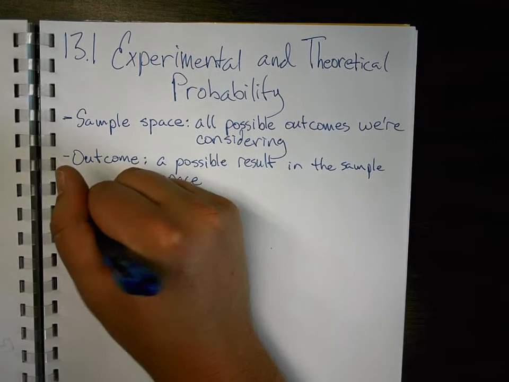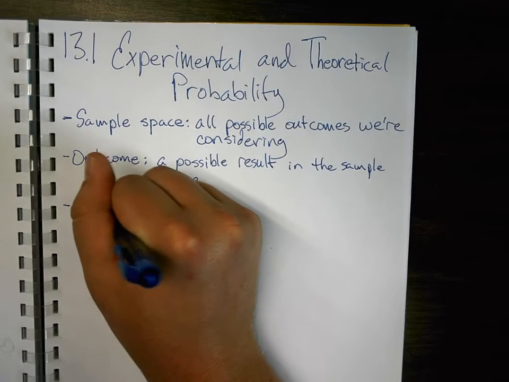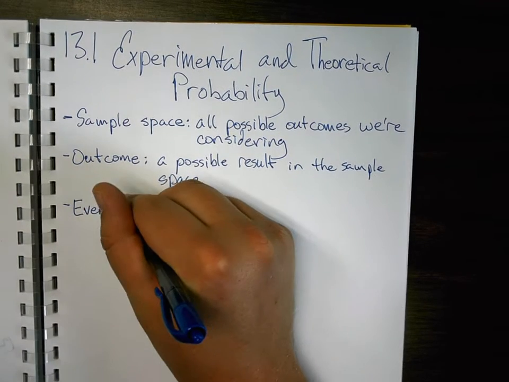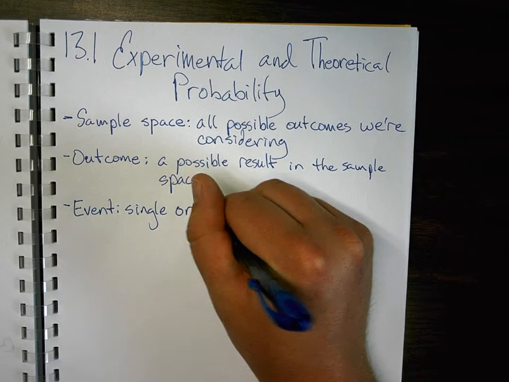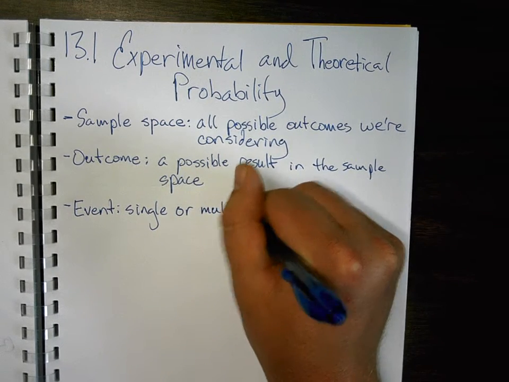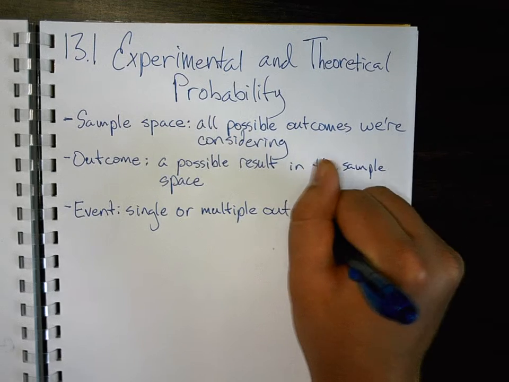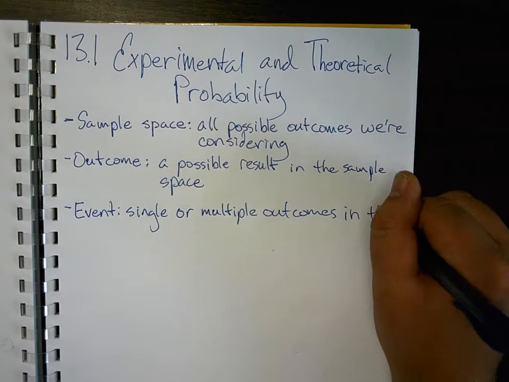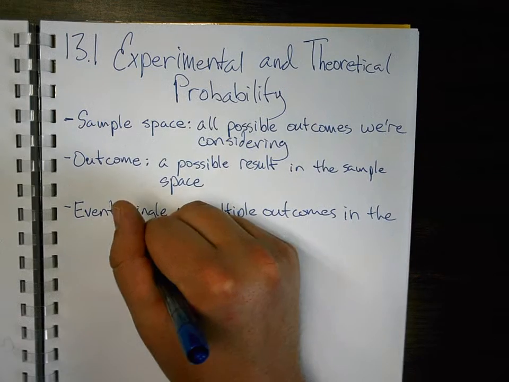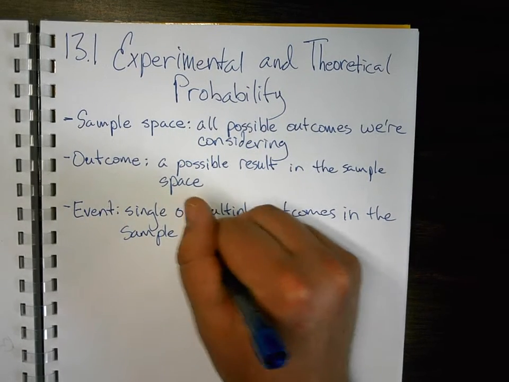And then finally, an event is a single or multiple outcomes in the sample space.